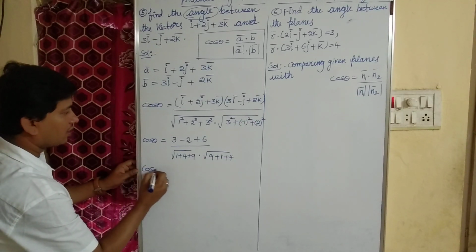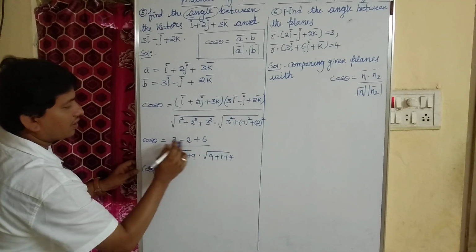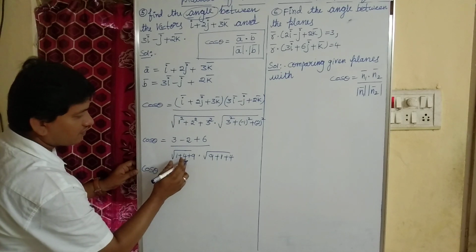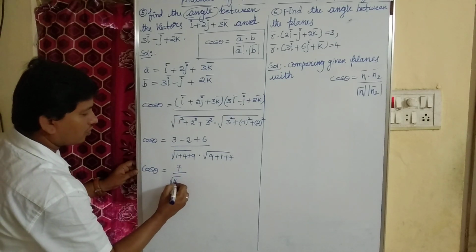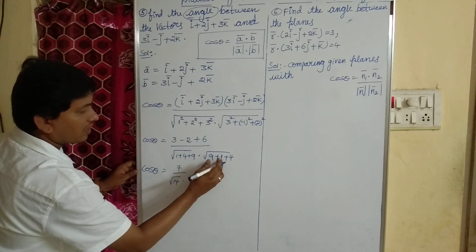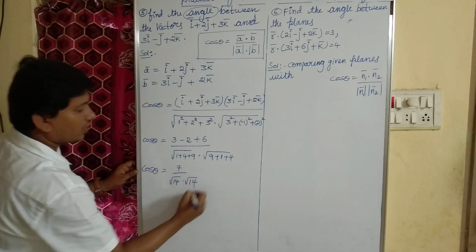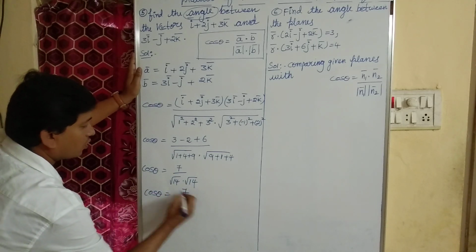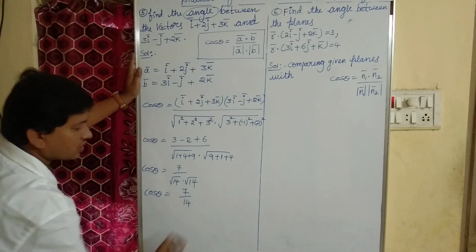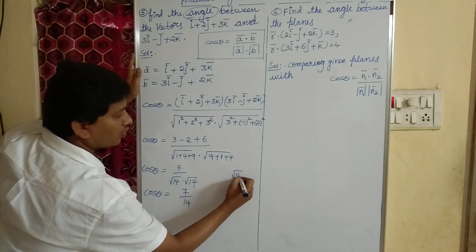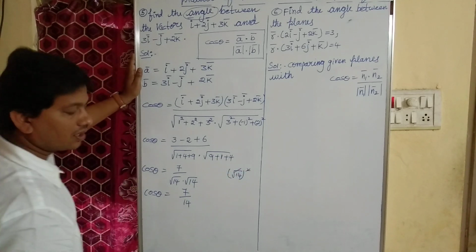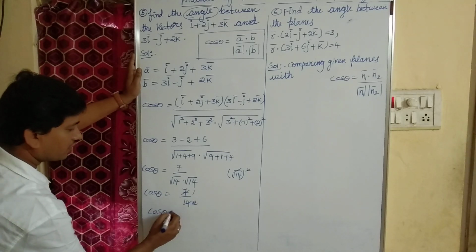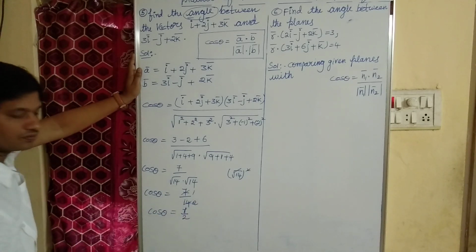So cos theta equal to 6 plus 3 is 9, minus 2 is 7, by root 14 into root 14, right? So cos theta equal to 7 by root 14 whole square, the root gets cancelled, that is equal to 14. 7 1s are 7, 7 2s are 14. So cos theta equal to 1 by 2.